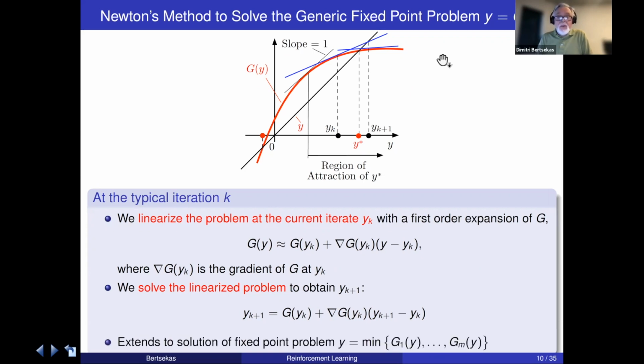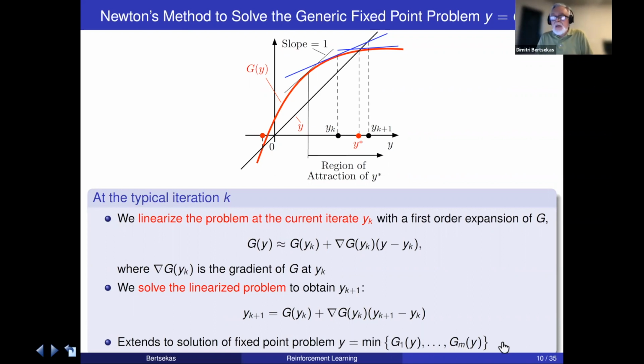It turns out, however, that Newton's method admits a straightforward extension to non-differentiable right-hand sides, and in particular to the case where the right-hand side, instead of being G differentiable, is the minimum of differentiable functions. This is an easy proof, and you can find it in your textbook, Lessons from AlphaZero.